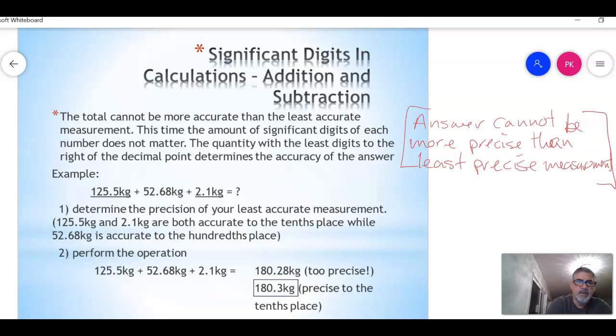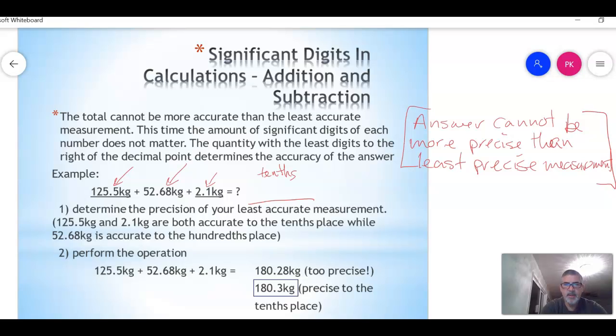All right, so this one has precision to the tenths. This one has precision to the hundredths. And this one has precision to the tenths. So my answer can only be to the tenths, because the tenths is least precise. Right? It's precision relative to the decimal point. So determine the precision of your answer.